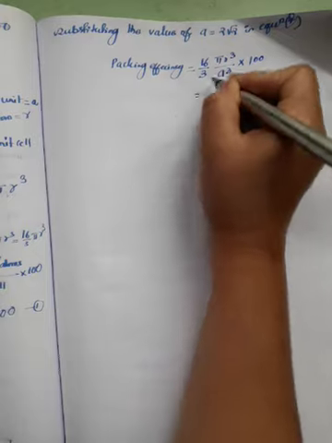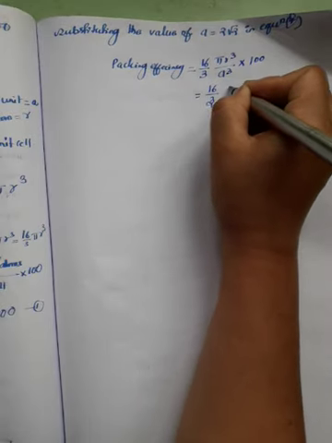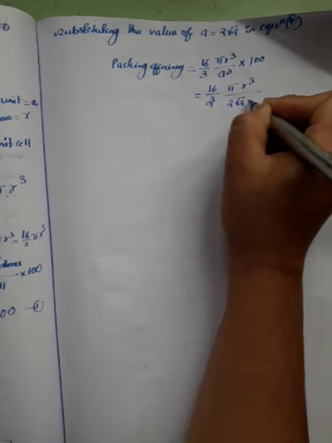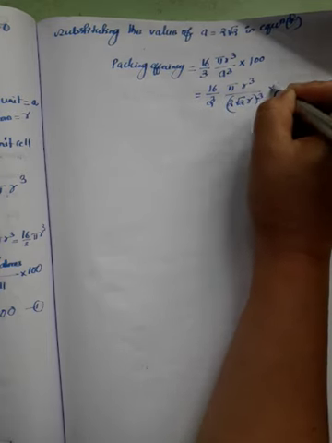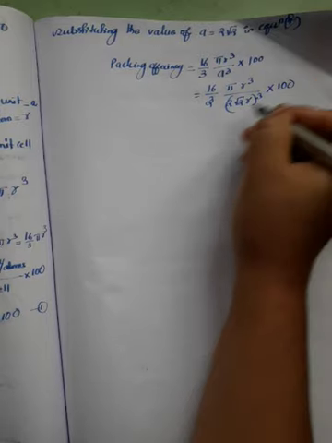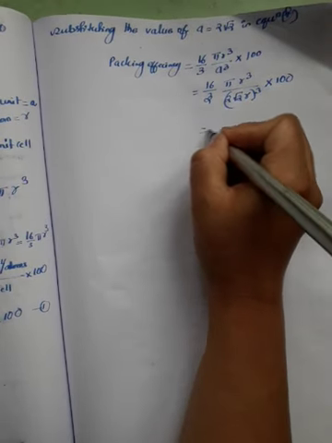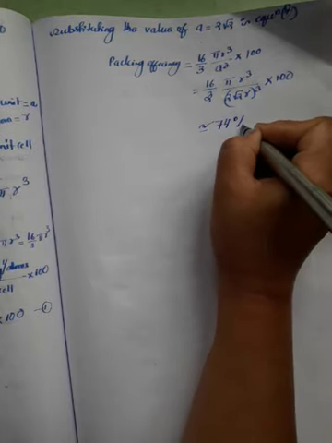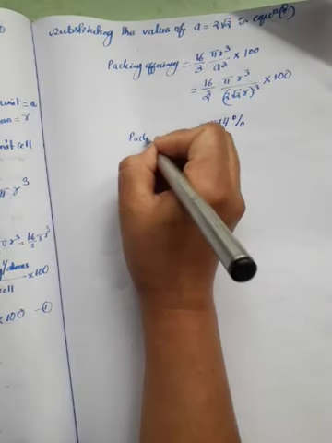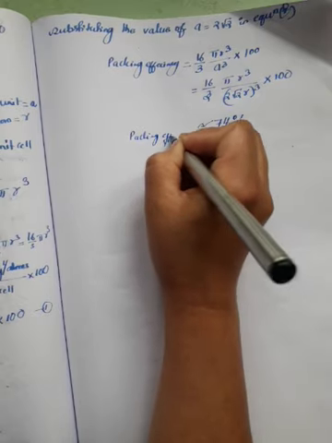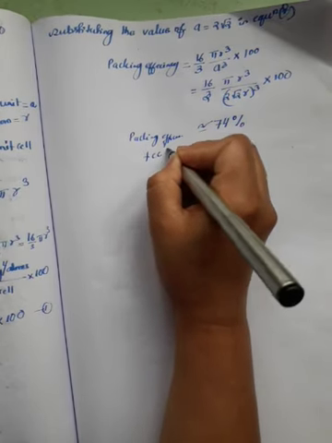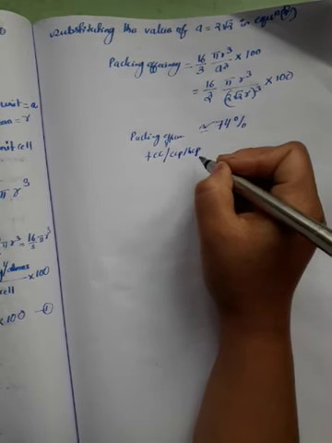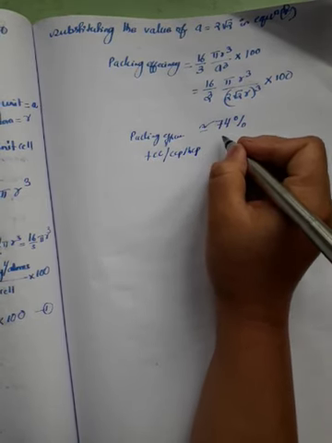Now we put in the value of a cube, substitute it. So 16 by 3 pi r cube divided by 2 root 2 r whole cube into 100. Right? So after calculation, you will get the answer approximately 74%. So the packing efficiency of FCC, or CCP and HCP crystal structure, is 74%.